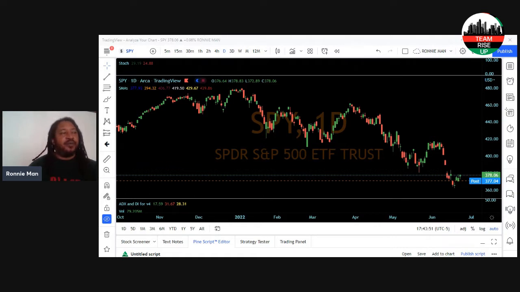So with channels, as opposed to being horizontal, like we talked about last week, this week we're going to talk about diagonal support and resistance. Channels are identified by, theoretically, three or more touches to parallel trend lines.